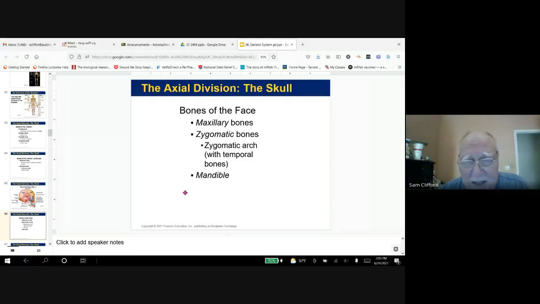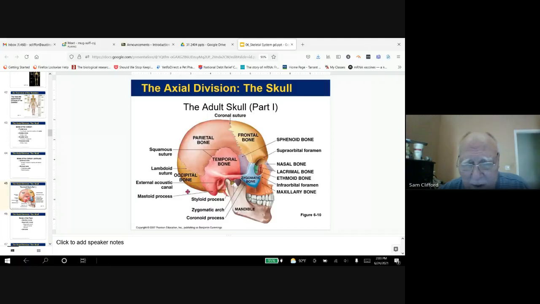The face has the maxillary bones, the zygomatic bones, and the mandible. Here's the mandible right here, and the maxillary bone, the ethmoid bone, the sphenoid bone, and the zygomatic bone. They're going to form the eye cavity. There are little canals or holes in the bone for blood vessels and nerves to go through.